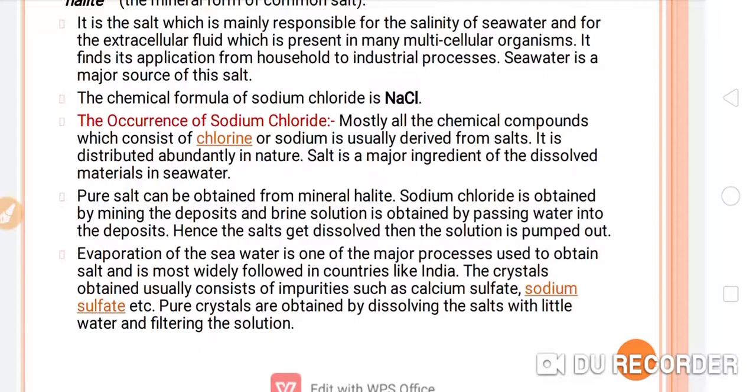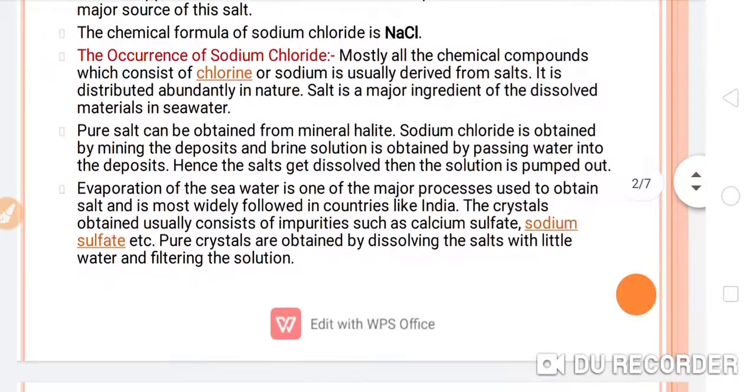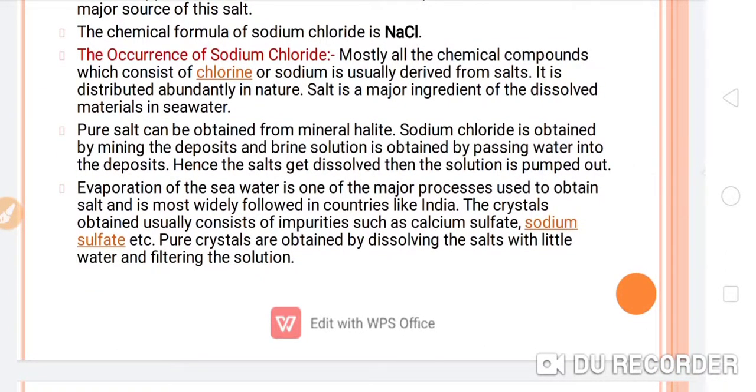Salt is a major ingredient of the dissolved material in seawater. Pure salt can be obtained from the mineral halite. Sodium chloride is obtained by mining the deposits, and brine solution is obtained by passing water into the deposits.